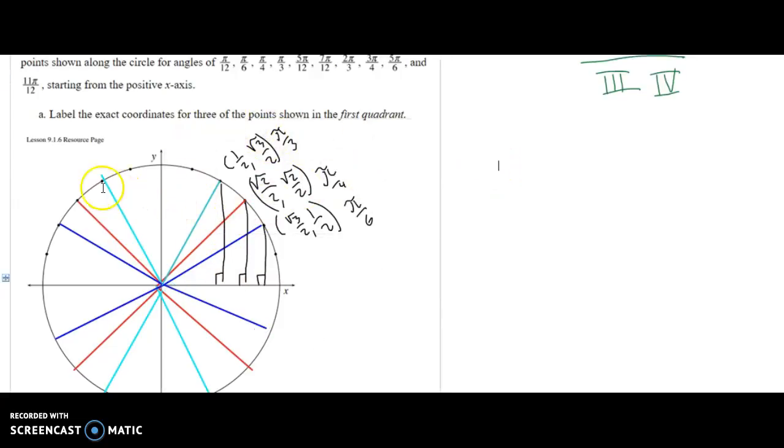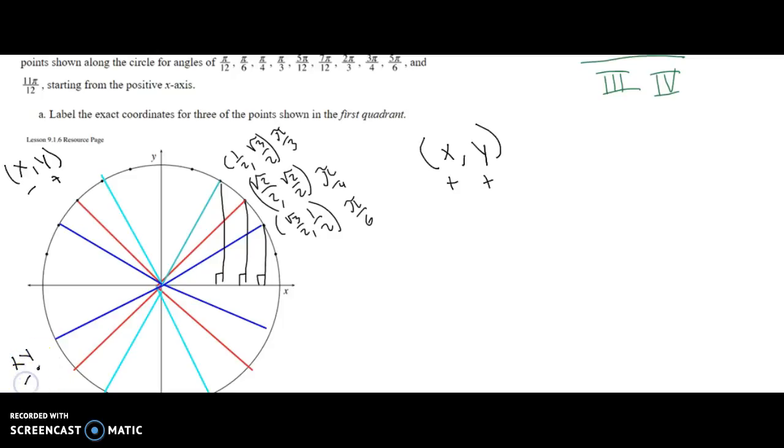Now we want to label these other points that we do know, and these really won't be too difficult to label if we really think about what's going on, right? In the first quadrant we have x and y, and both of them are positive numbers. In the second quadrant we have x and y, and we have a negative and positive number. In the third quadrant we have an x and y, and both of them are negative.